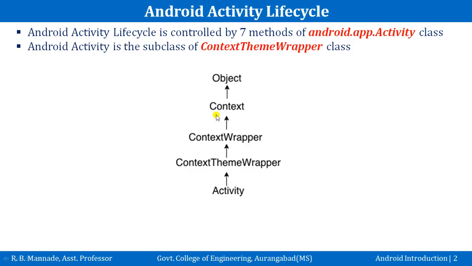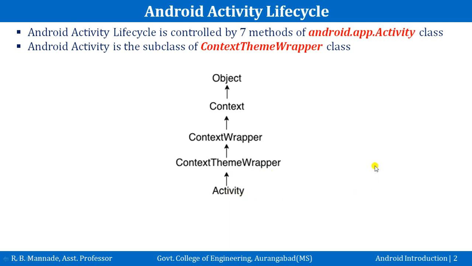So as shown in the diagram, this is the inheritance hierarchy for the Activity class. It means the uppermost base class is Object, from Object the Context class is derived, from Context the ContextWrapper class is derived, and from ContextWrapper the ContextThemeWrapper class is derived, and finally from ContextThemeWrapper the Activity class is derived.